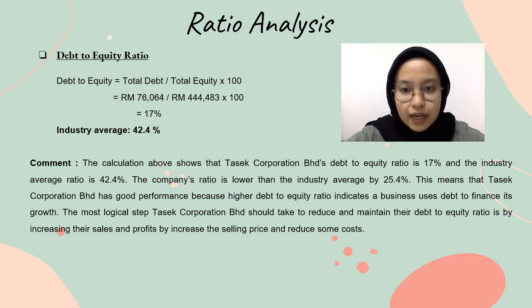This means that Tasek Corporation Berhad has a good performance because a higher debt to equity ratio indicates a business uses debt to finance its growth. The most logical step Tasek Corporation Berhad should take to reduce and maintain their debt to equity ratio is by increasing their sales and profits by increasing the selling price and reducing some costs.